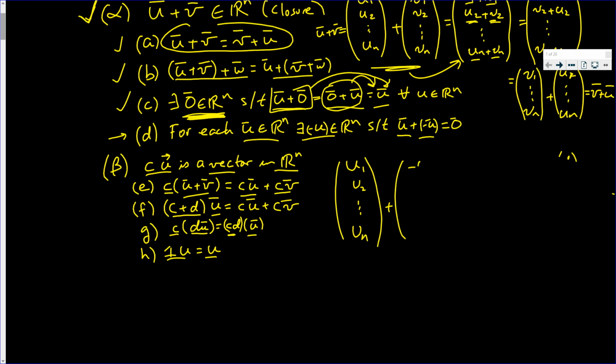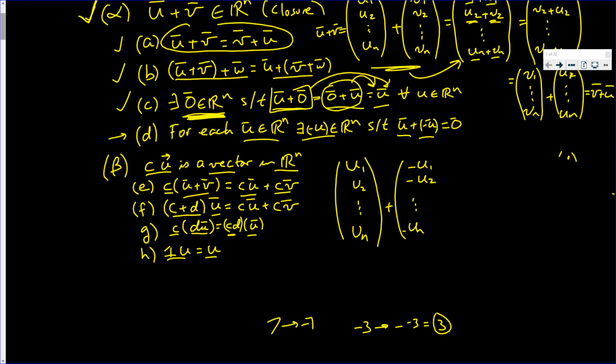And if you put a minus sign in front of a real number, you get a real number. Here's a real number, I put a minus sign in front of it, I get -7.